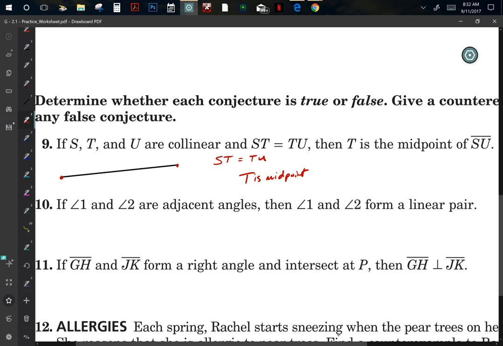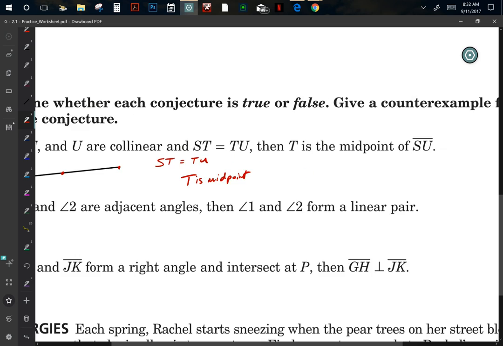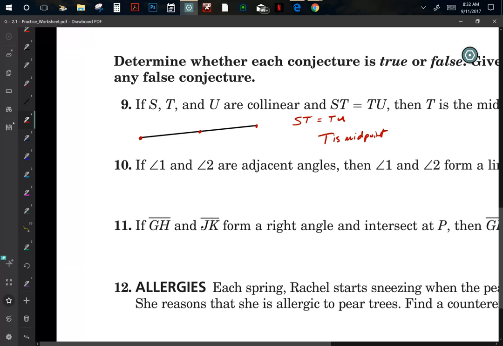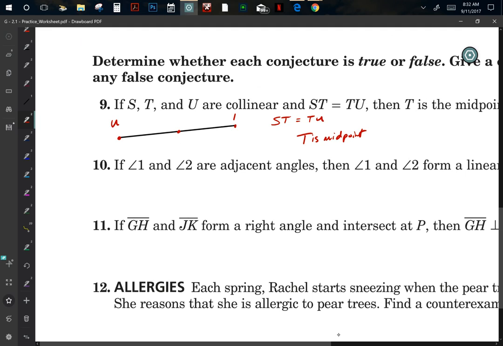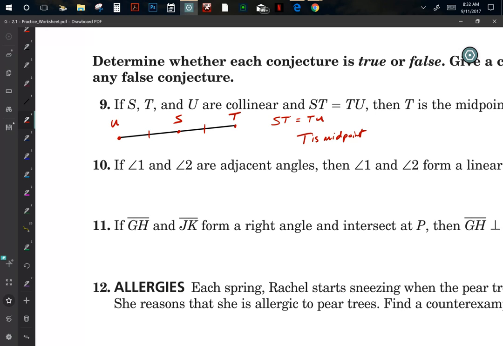So S could be right here. Then this could be U and this could be T, couldn't it? And these could still be equal, couldn't they? You guys understand what I'm saying? If they just said T is between S and U, that would have been enough. Yes, it has to be the midpoint.